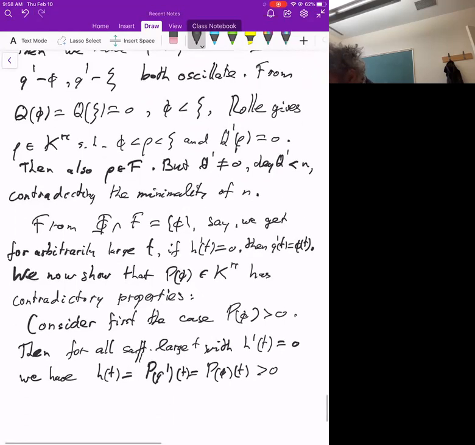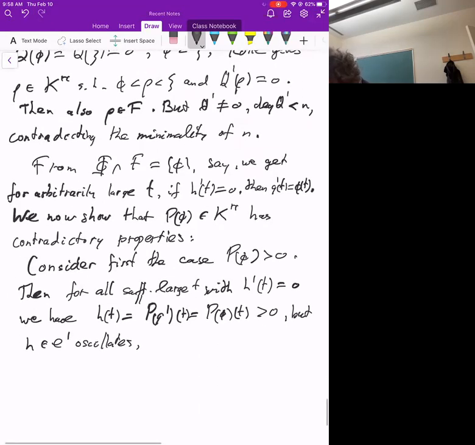But of course, h oscillates. But this contradicts this earlier lemma about oscillation in the beginning, contradicting 511.